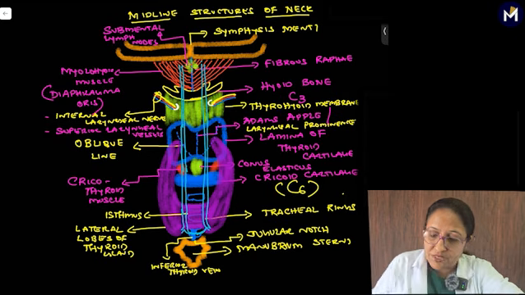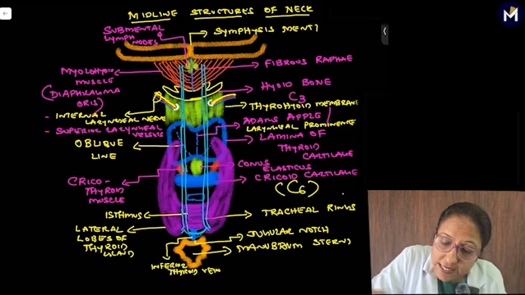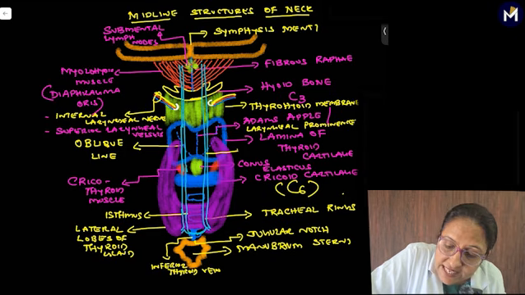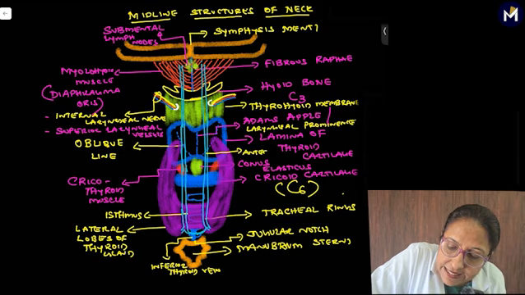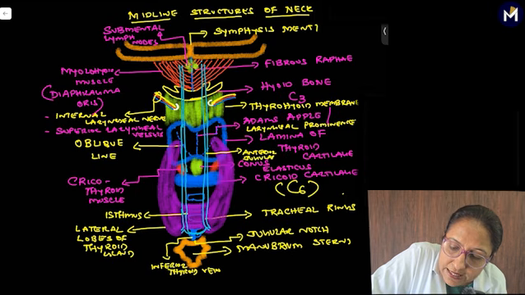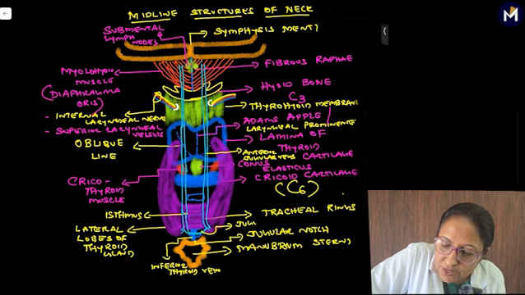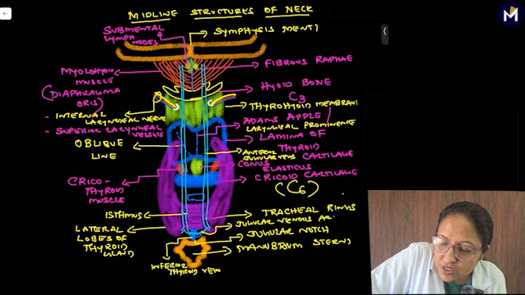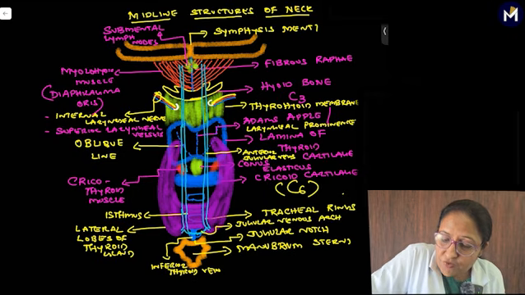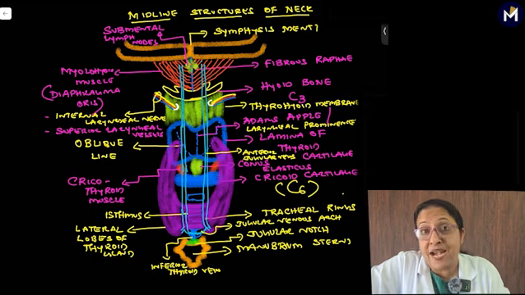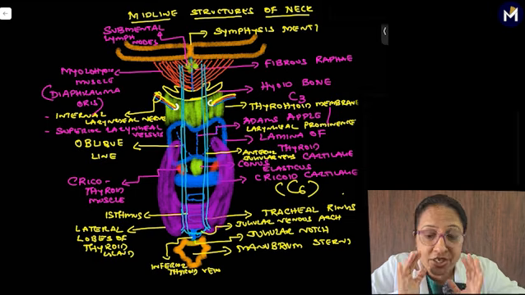So let me label these veins as anterior jugular veins. And this arch is jugular venous arch. And then, of course, comes the last bony landmark, that is your jugular notch.